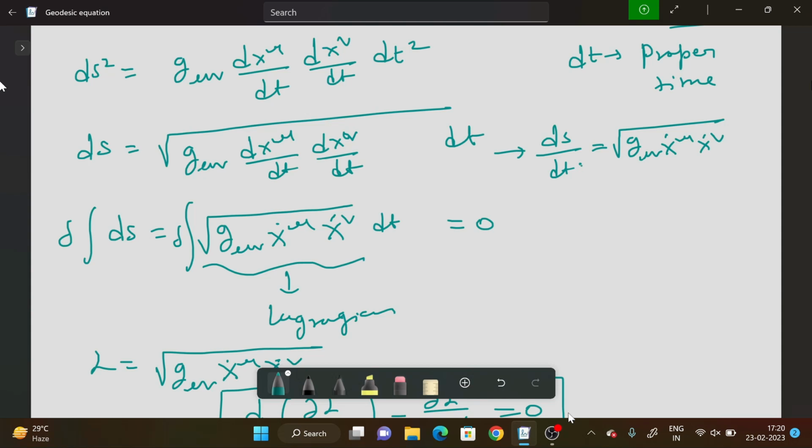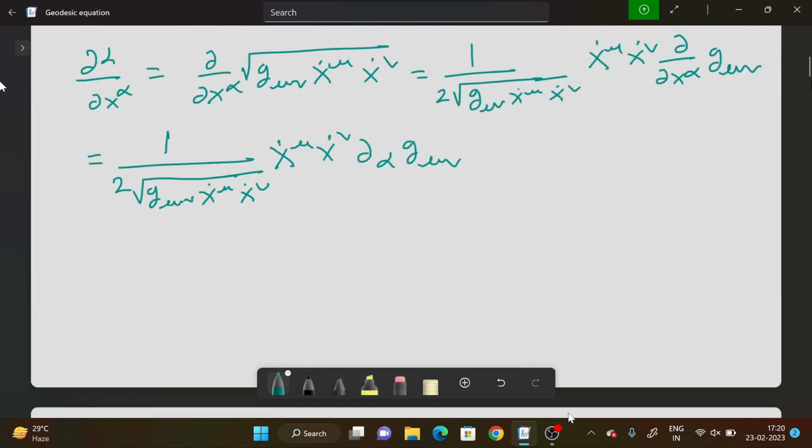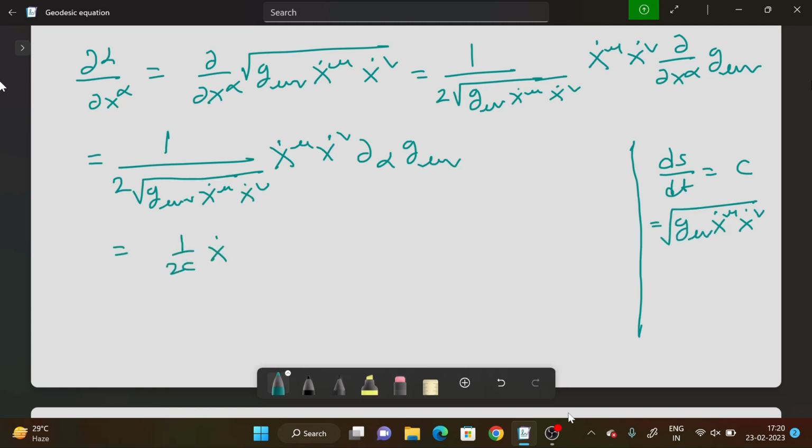So this thing is going to be a constant and it is going to be equal to the speed of light. This is just c. So I should write it down somewhere over here that ds upon dt is just c. So now this equation gets simplified. It is just 1 by 2c x dot mu x dot nu d alpha of g mu nu, and this is dL upon dx alpha.